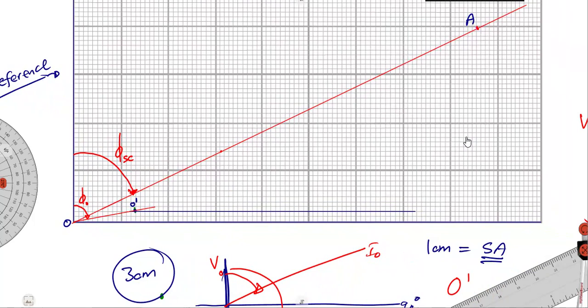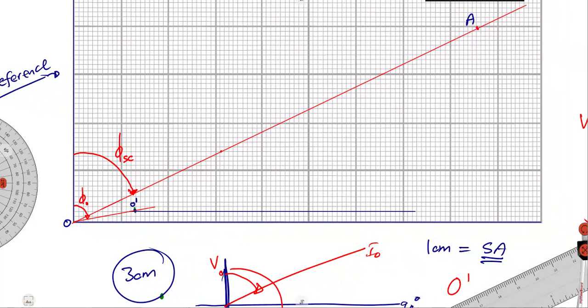What are we going to need? We are going to need the semicircle, and before that, we must have the point C. In order for us to have the point C, we are going to need it from the output line.